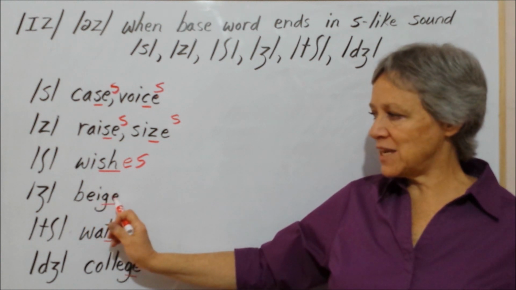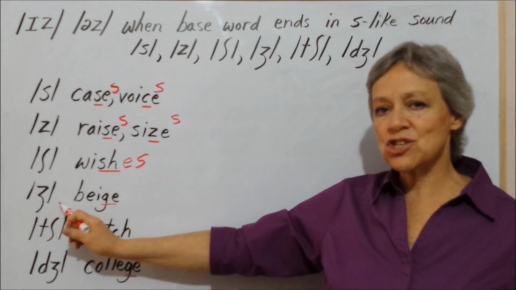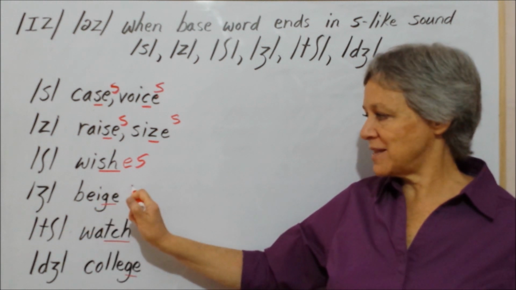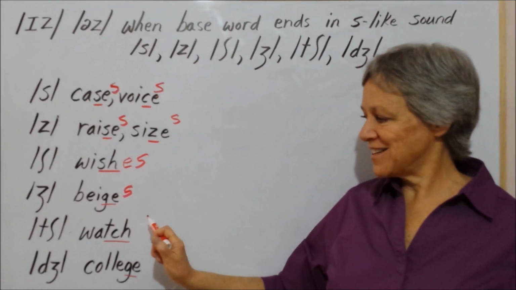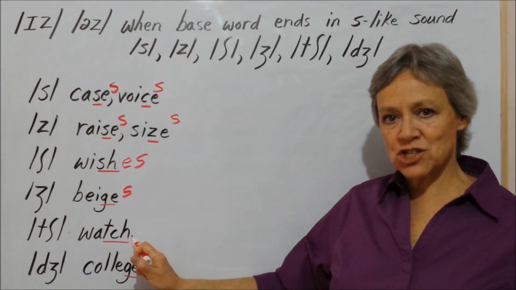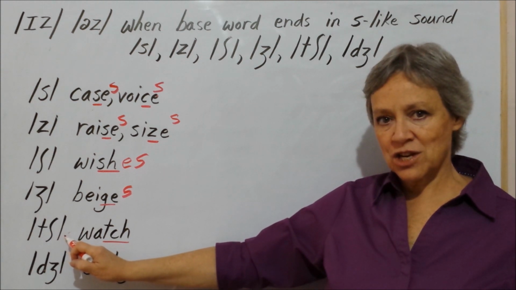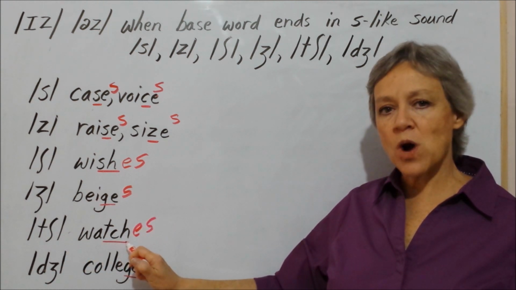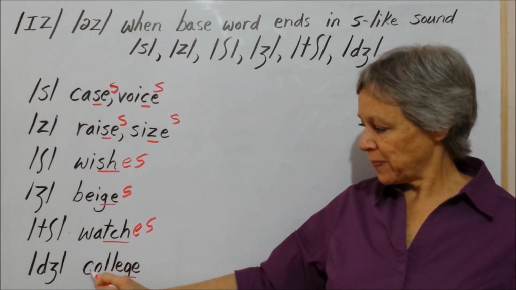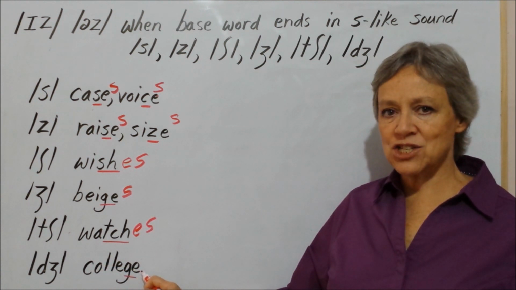This is beige. It ends in j. When I add s, it becomes beiges. This word is watch. It ends in ch. When I add es, it becomes watches. This word is college.